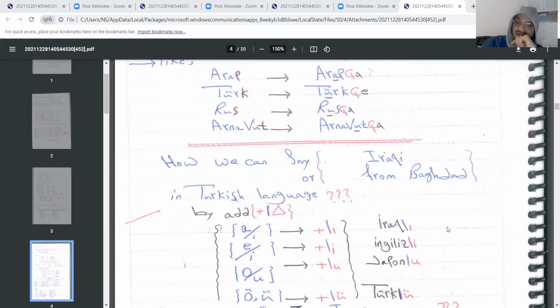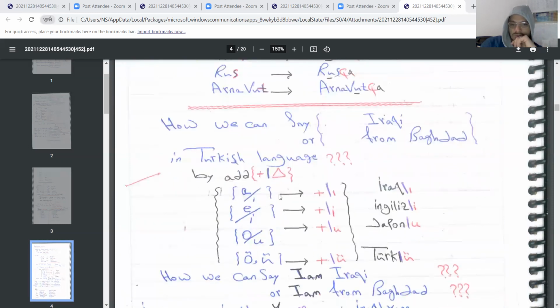or I'm from Baghdad? We will use another form. Like I said in the first lecture, Turkish language is like math. We will use plus many times to understand this language and its situation. Turkish language works by adding L and a delta. For example, we know this is very important, like fıstık çişhib, and maybe more than important.